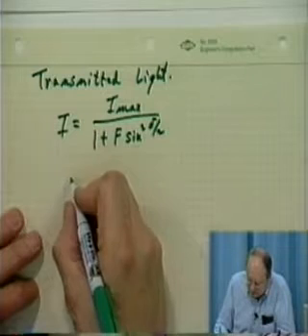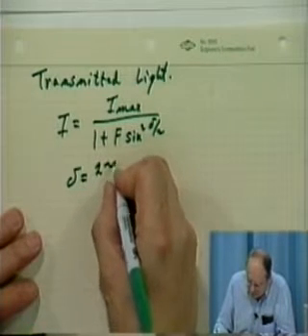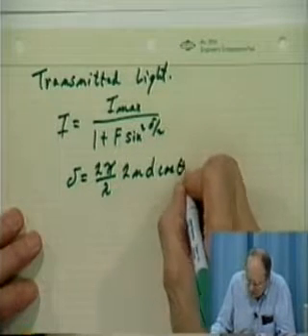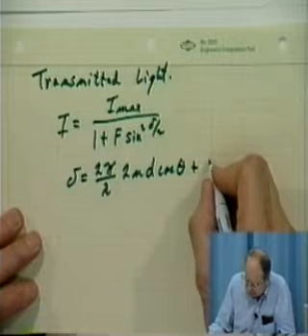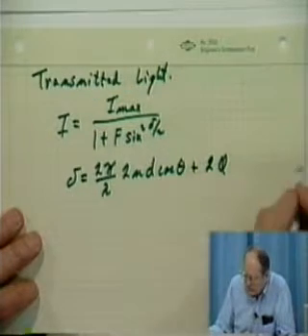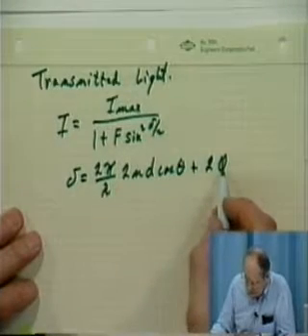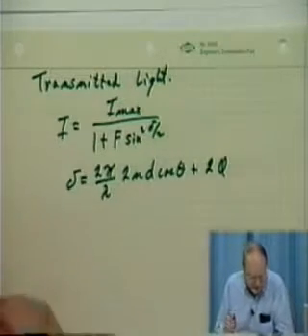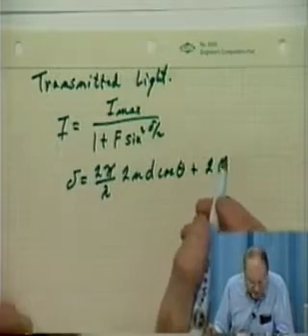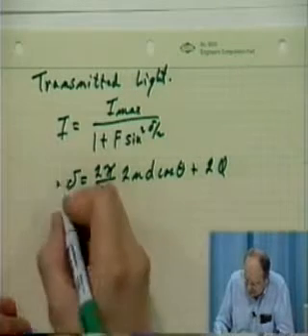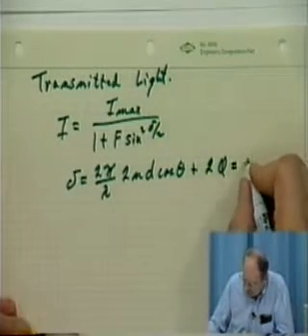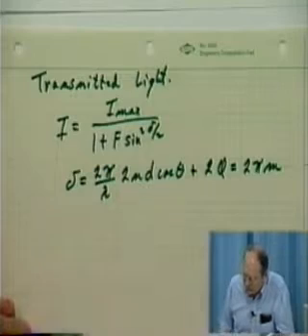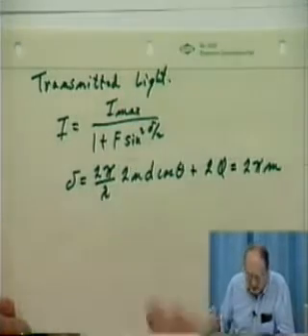And what is most important here is that delta is 2 pi over the wavelength, 2 n d cosine theta, plus some phase change on reflection. And for simplicity, I've written same phase change from both surfaces, but I don't think that is a requirement. And we'll get a bright fringe when this is equal to 2 pi times an integer. Okay? Then the sine squared will be equal to 0, and we get I max.